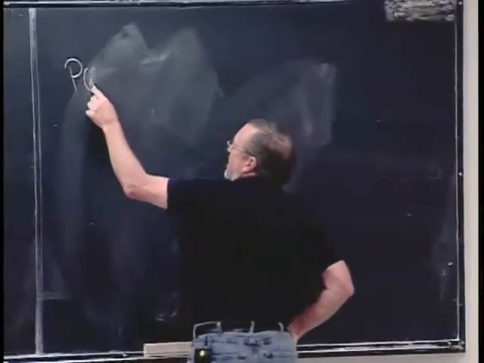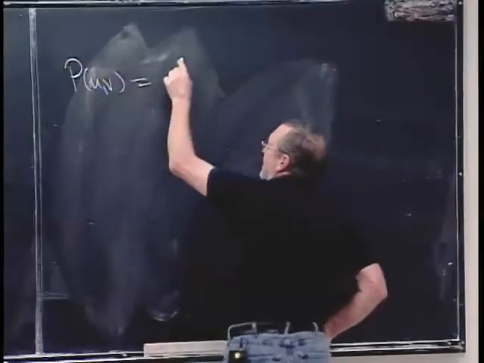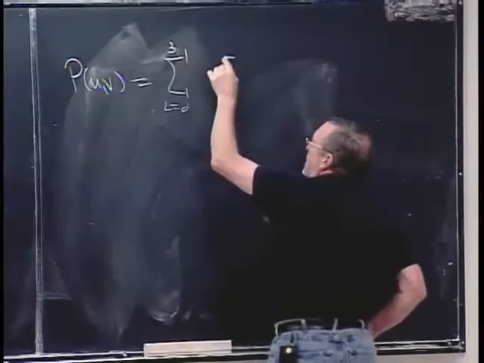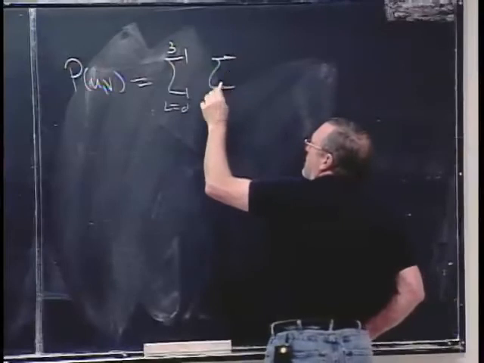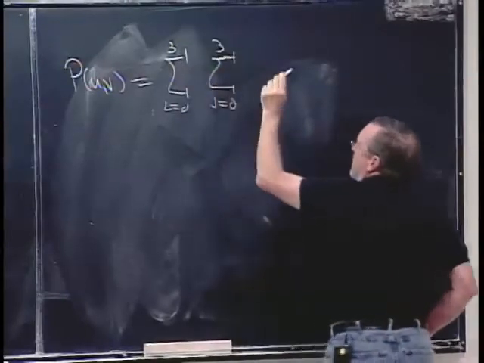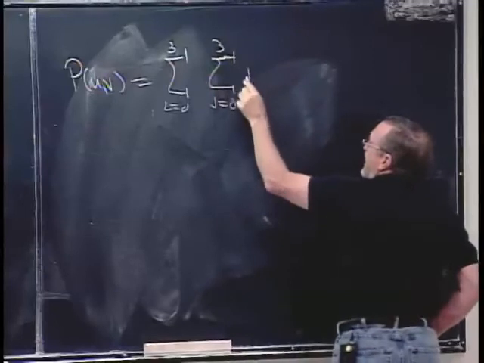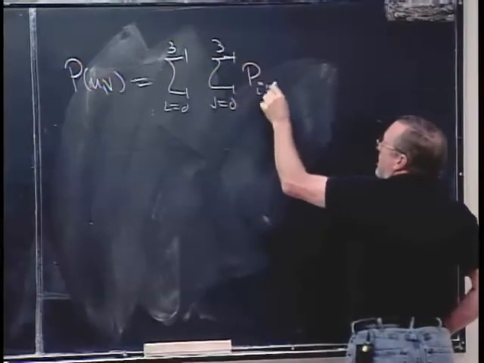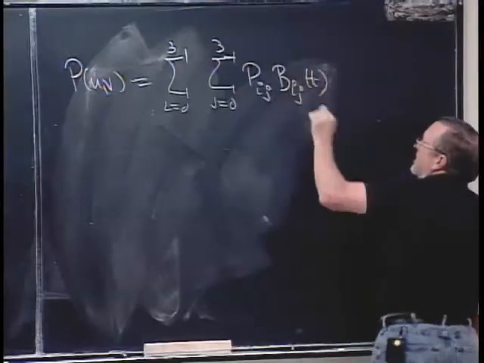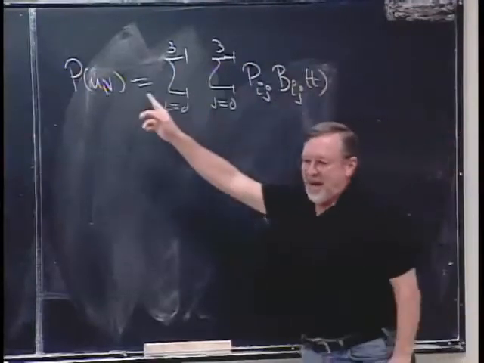I'll write it down. Don't copy this down. I'll do 3. The sum of P_ij and B_ij of u, v. You can actually write down a math equation for this.